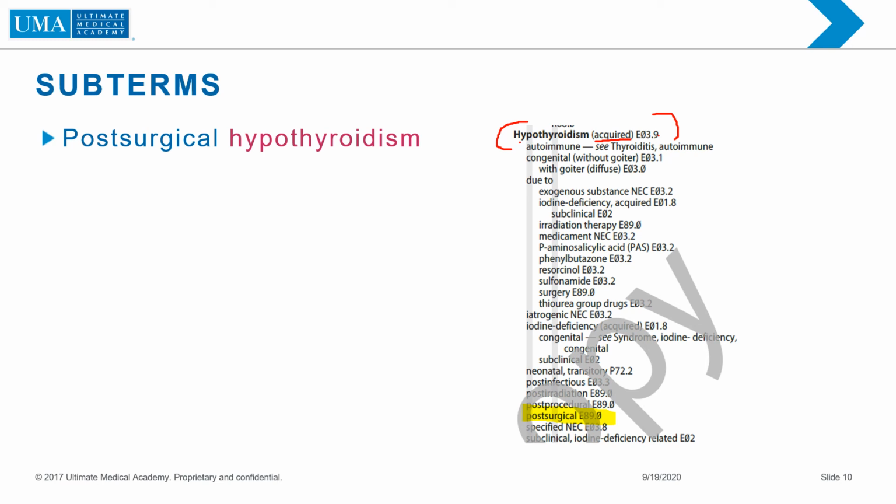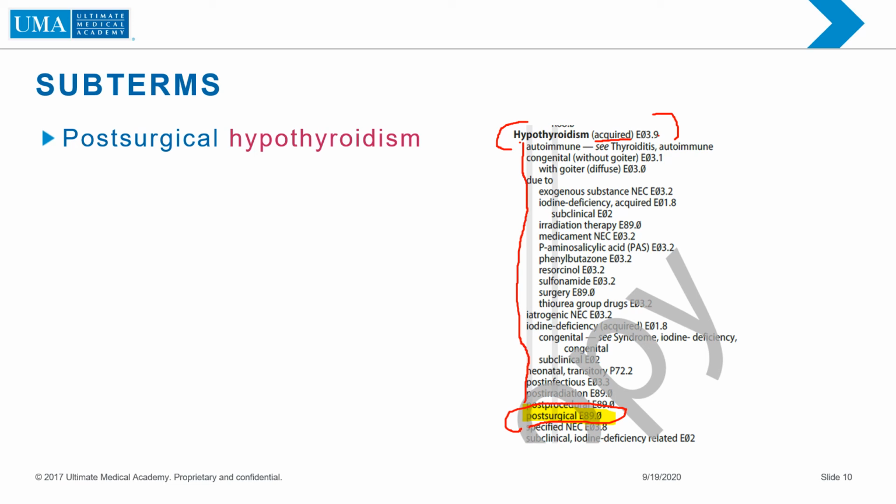This one's a good example because it gives us all of the diagnoses in this section. So we want to move down our list because we don't want these conditions. We want post-surgical, which is referring us to E89.0.